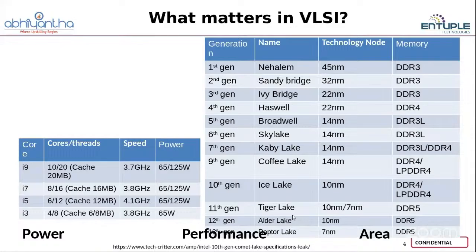So in VLSI, if you take any ICs, we are comparing them with these three parameters: power, performance and area. Any IC will be characterized within these three parameters, right?